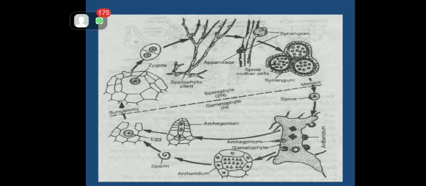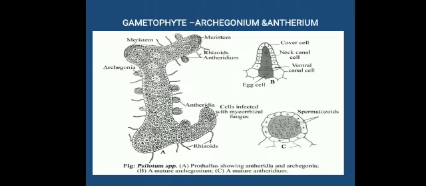With the formation of zygote, diploid sporophytic generation begins. The zygote enlarges in size, divides by transverse division, forming an outer epibasal cell and an inner hypobasal cell.